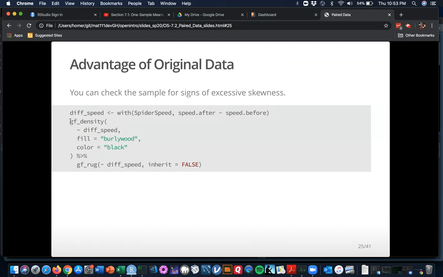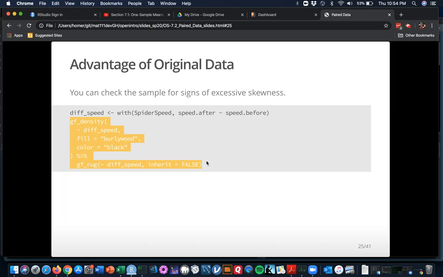And then we could make a little density plot, remember gf density, with that variable diff speed. We don't have to say what data frame it lives in because it doesn't live in a data frame. It's just sitting there in the global environment. And we want to make it burlywood inside and make the boundary of the plot be maybe black. And let's go ahead and get a little rug of individual values, just like in chapter 1.